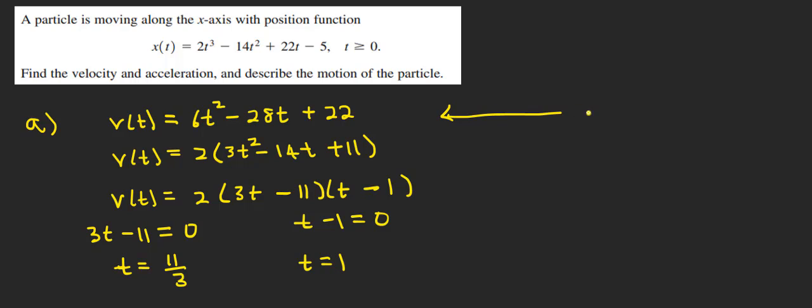So let's come up with the velocity chart. Now, remember the domain starts from 0. And then velocity is 0 at 1 and 11 over 3.